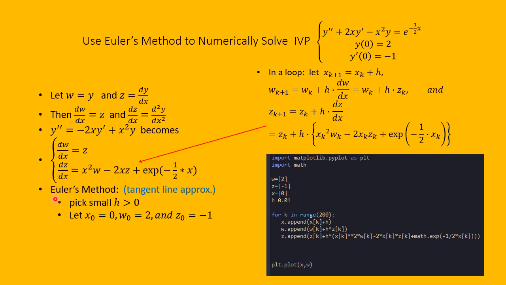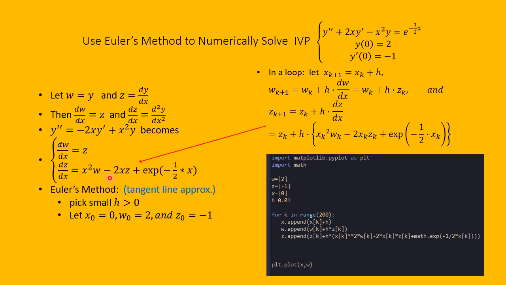The derivative of z with respect to x, that's the second derivative of y with respect to x. Okay, and so here we have the second derivative of y with respect to x equals x squared times y, which is basically what we have here if we move stuff to the other side.